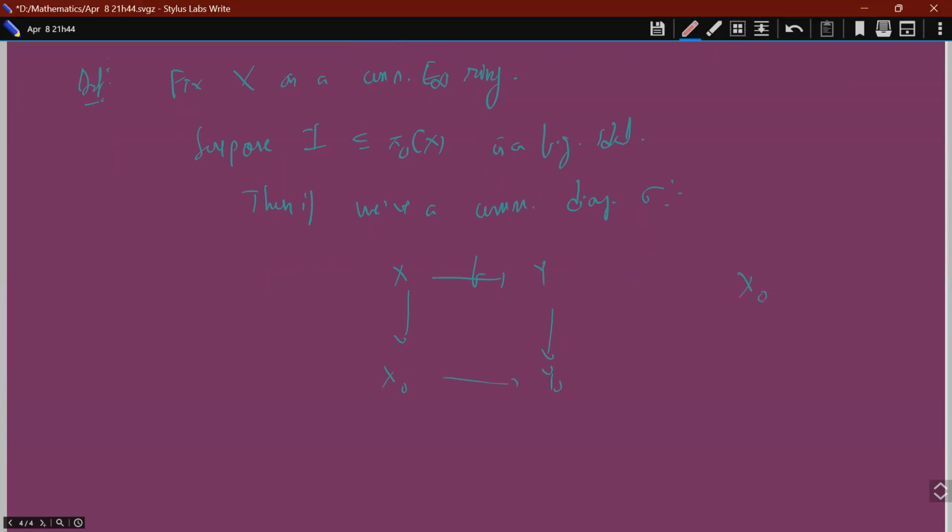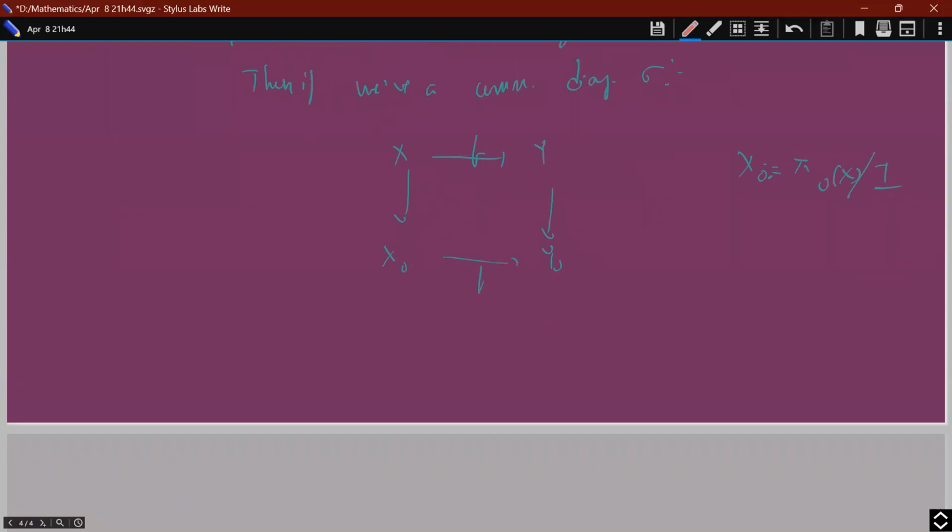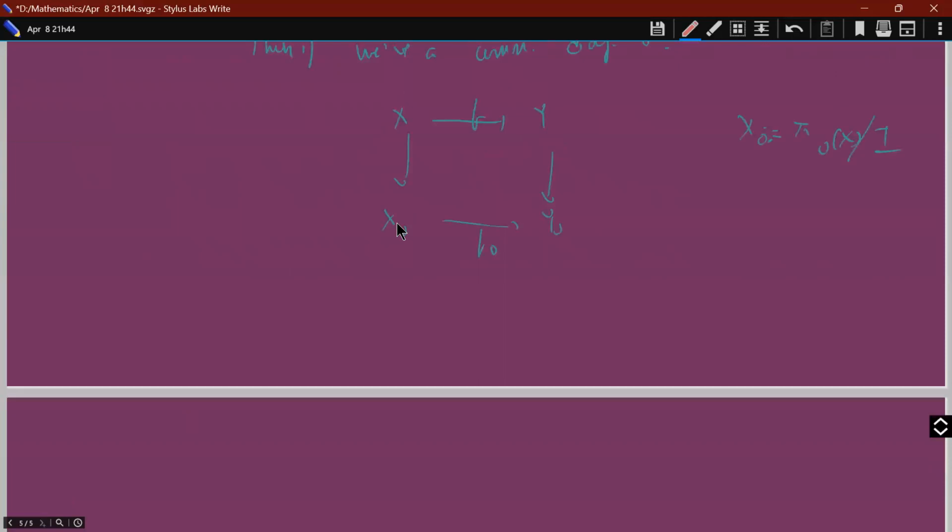This is X naught, and similarly we would also define Y naught, where of course Y naught is an ordinary commutative ring.